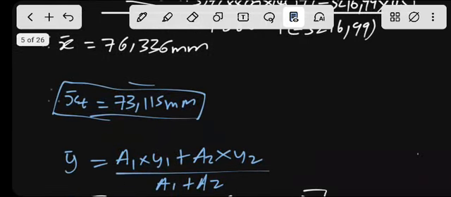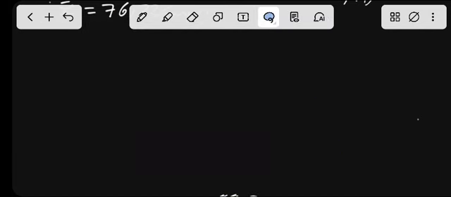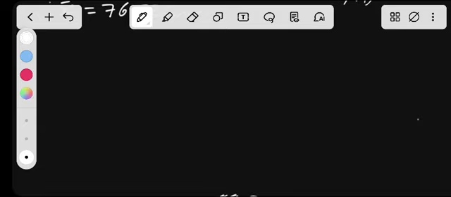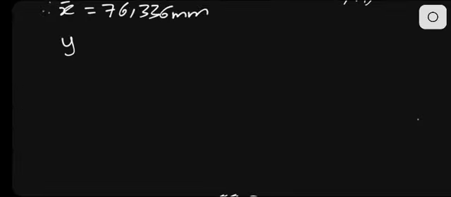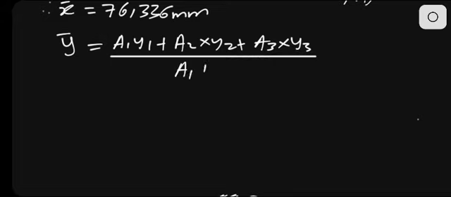All right, same story about now. Let us get y bar again. So y bar will have area 1 multiplied by y1 plus area 2 multiplied by y2 plus area 3 multiplied by y3, divide this by area 1 plus area 2 plus area 3.